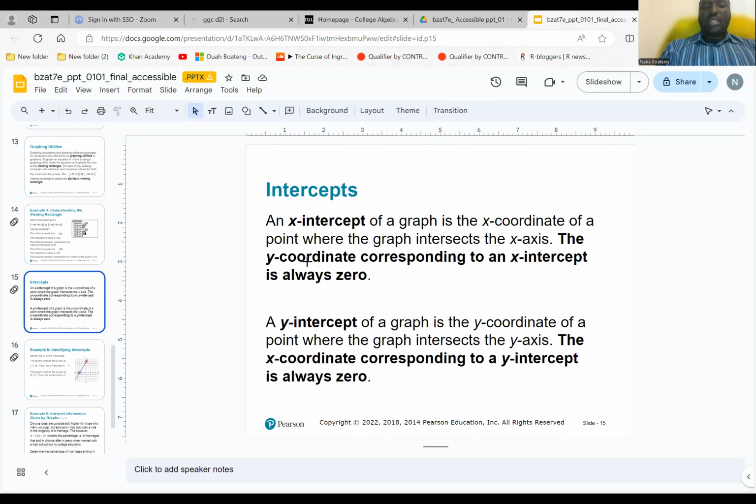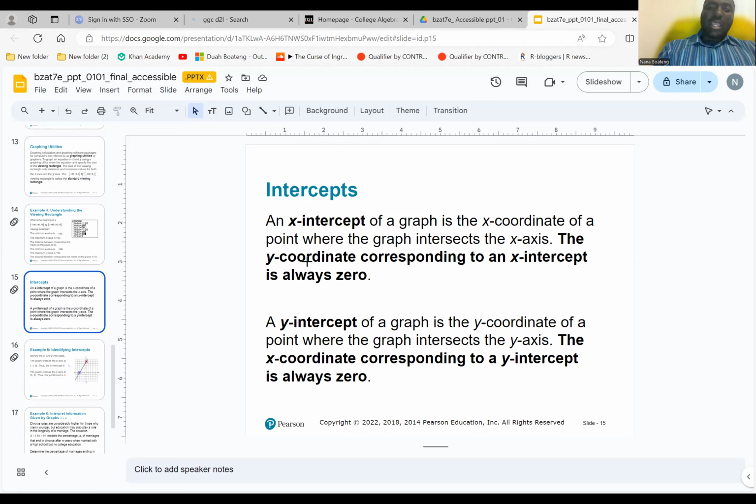So when we talk about the intercept of a graph, we mean the point at which the graph intercepts the x-axis or the y-axis. The y-intercept means the point on the graph where it cuts or meets or intersects the y-axis.